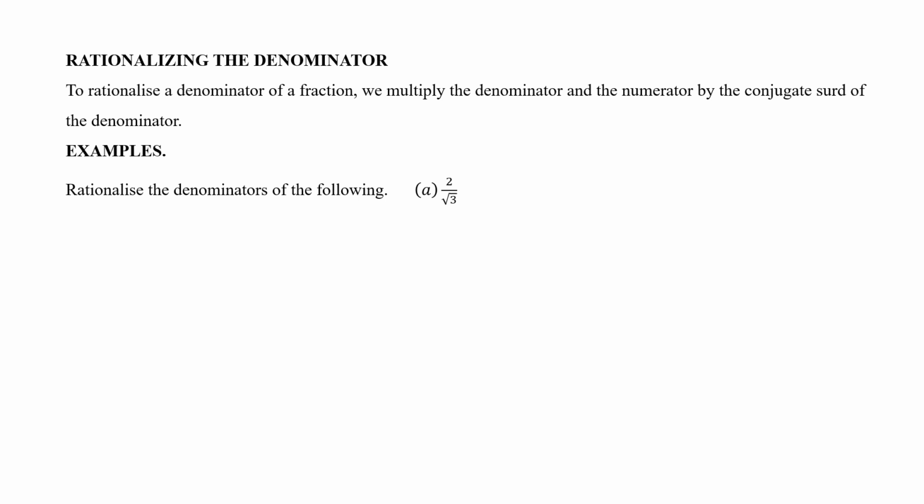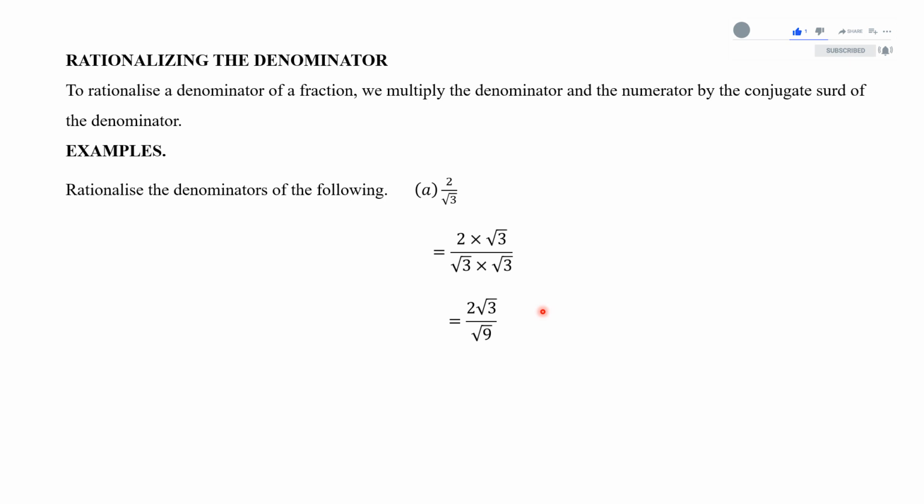Numerator over denominator is like creating a neutral one, so we change nothing in the expression. So we multiply the conjugate of root 3 in the denominator and in the numerator. In the denominator, 3 multiplies 3 under a root to give root of 3 squared, and that is 3.